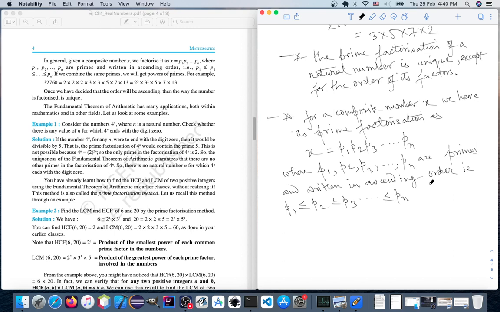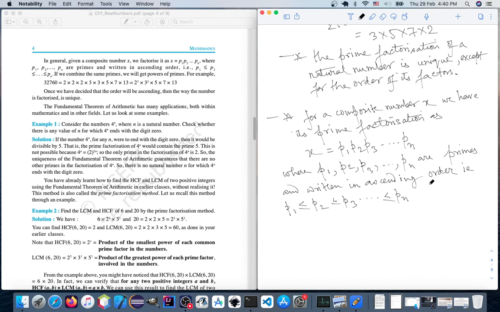If we combine the same primes, we will get powers of primes. So we have factorized a composite number x into its prime factors p1, p2, p3, pn, in such a way that they are in ascending order.